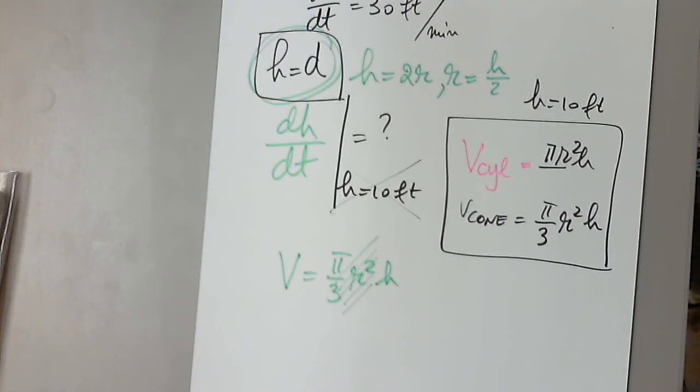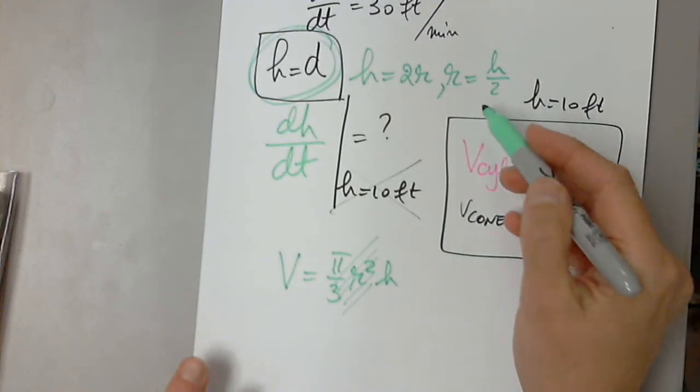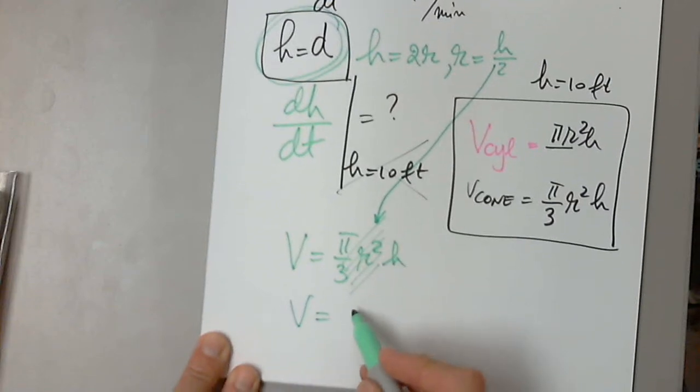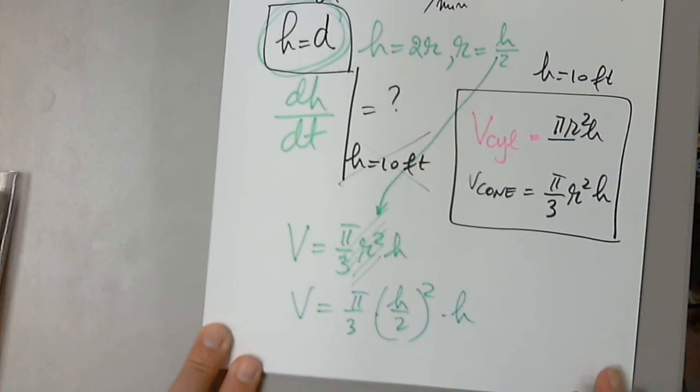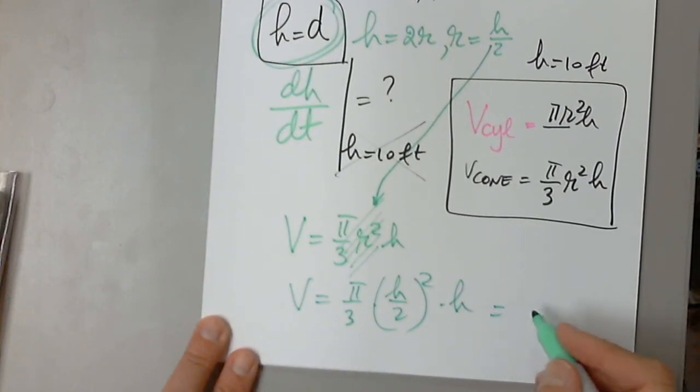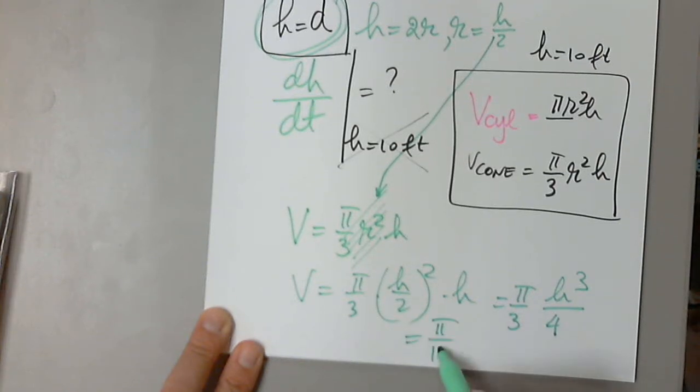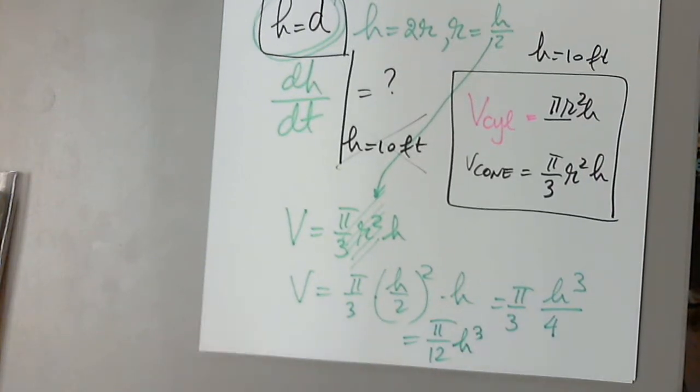So I don't want to have more than 2 variables. I have dV over dt and I have dh over dt. I don't need r, so I will replace it by h over 2. Then the volume is pi divided by 3 times h over 2 everything squared times h, or pi over 3 h squared times h to the third divided by 2 squared, which is 4. Finally, pi over 12 h cubed.